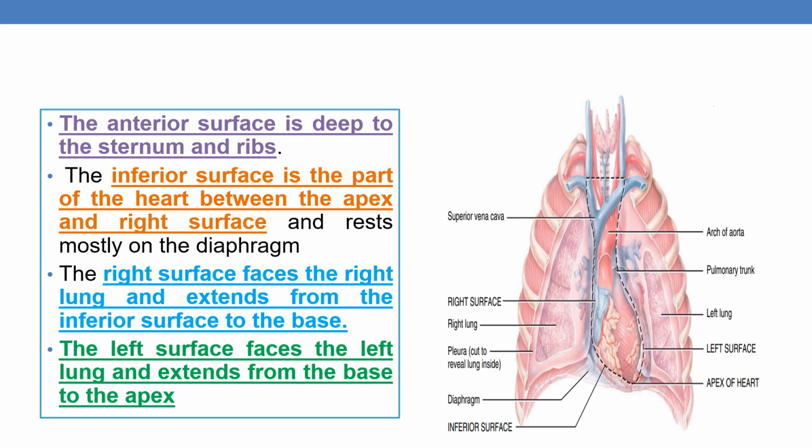They are the anterior surface, inferior surface, right surface and left surface. The anterior surface of the heart is deep to the sternum and ribs.